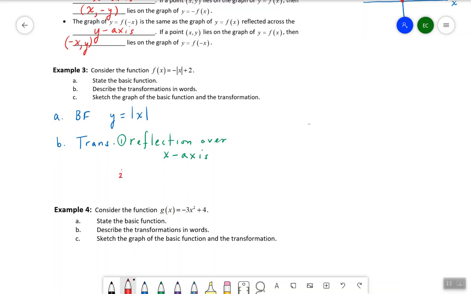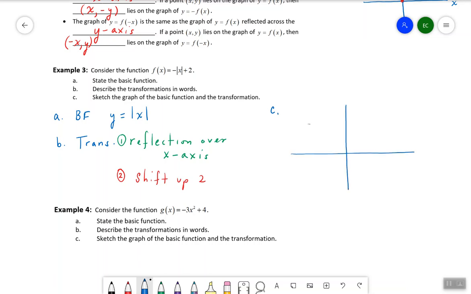And then the second transformation is this +2 at the end. Do you remember that one? That would be a vertical shift up 2. And so then in part C, we can go ahead and sketch all this out.